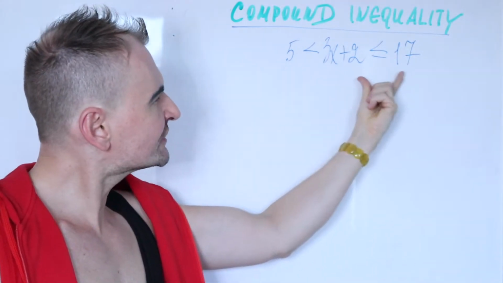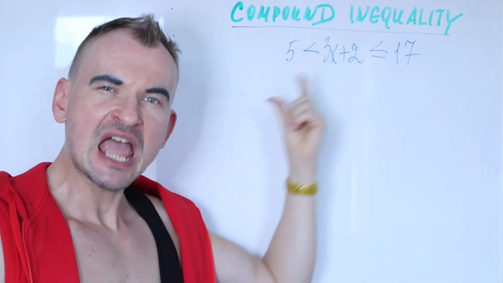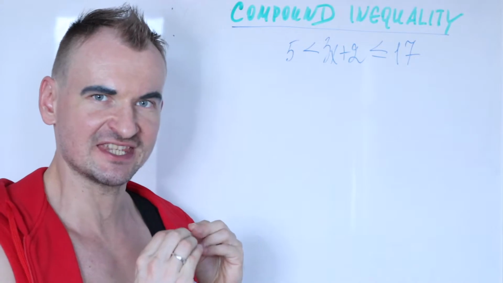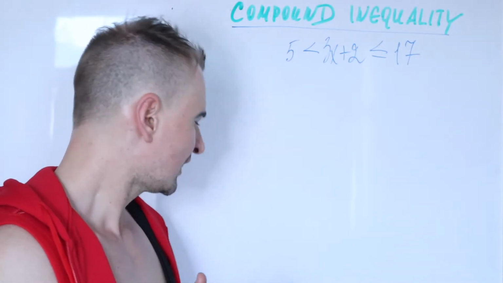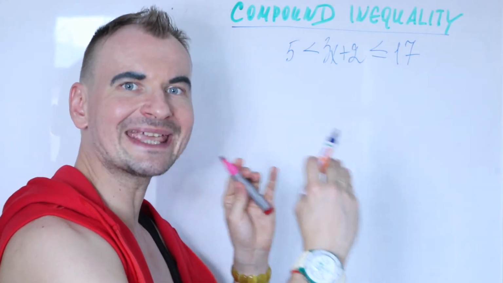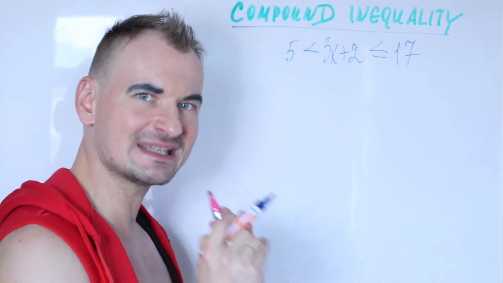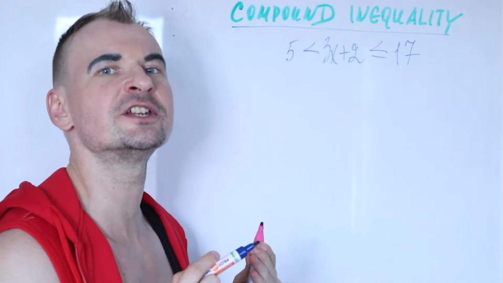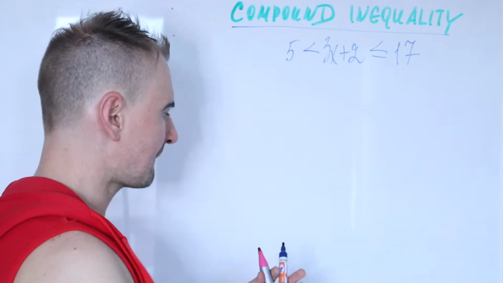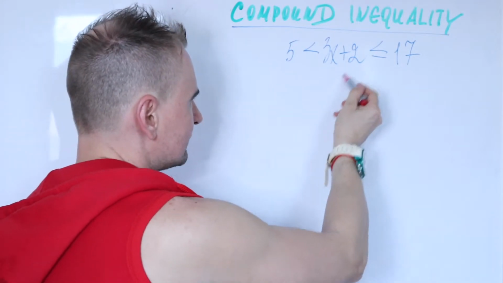You see, you have two inequality signs. How to attack, how to deal with this? Now, the gist is you want to break it down into two separate linear inequalities and solve them separately.